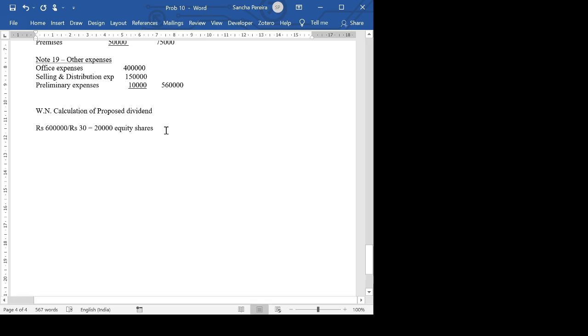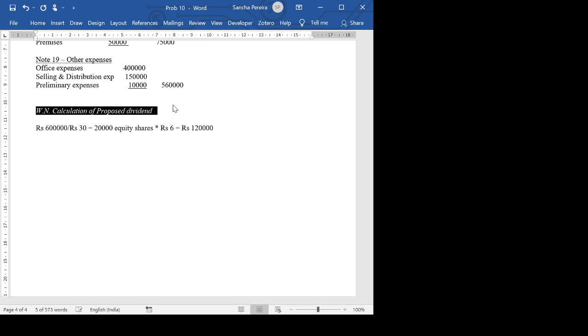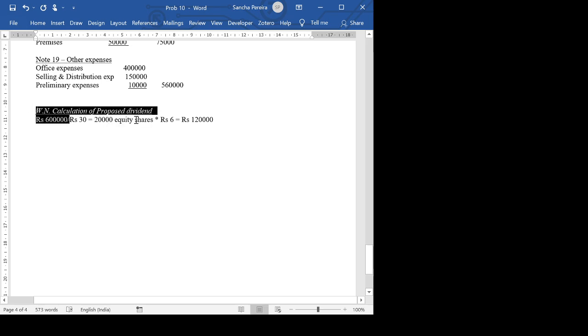Then I multiply these 20,000 equity shares by rupees 6, and I get rupees 1,20,000 as my proposed dividend.